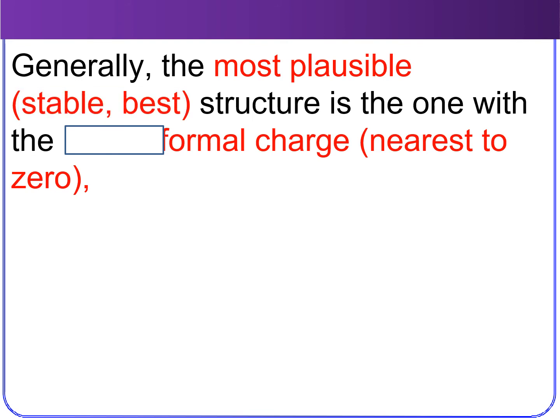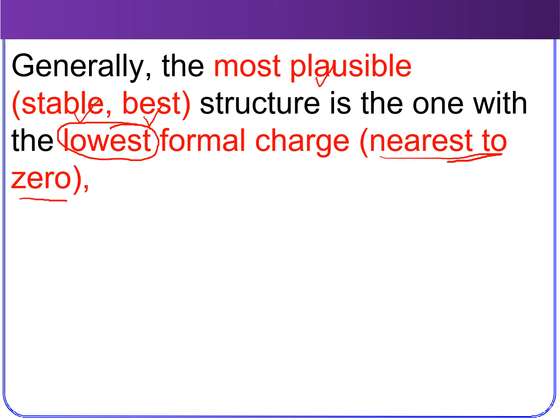We consider the most stable, the best structure, as plausible. So plausible, stable, best are considered to have the same meaning. All these supposedly will be the one with the lowest formal charge, which means it is nearest to 0.